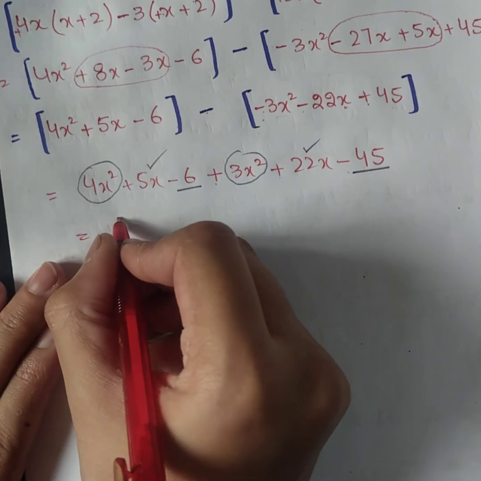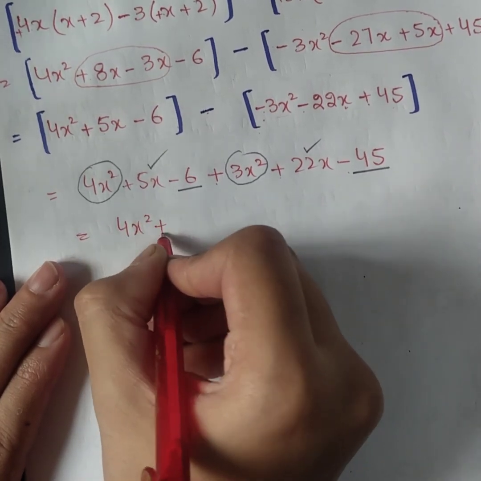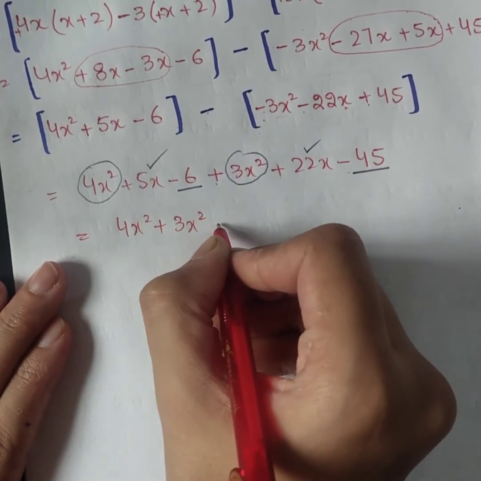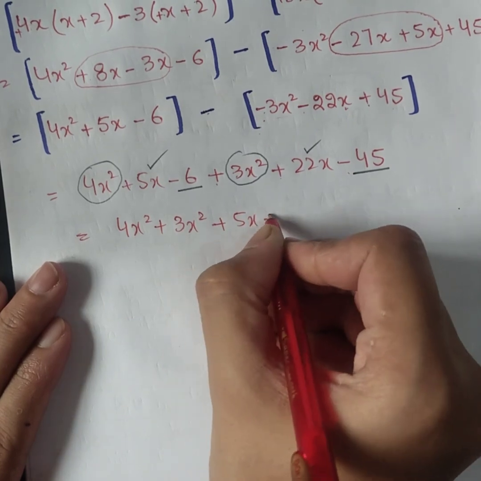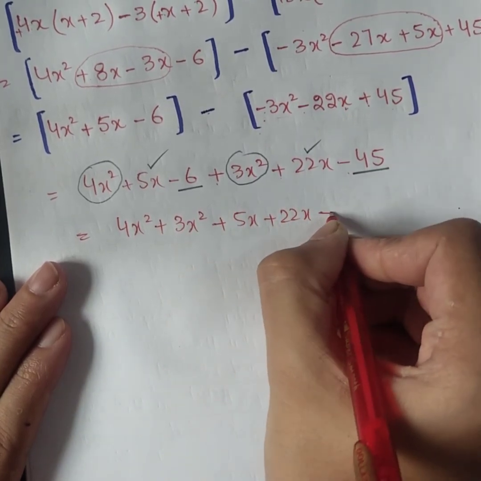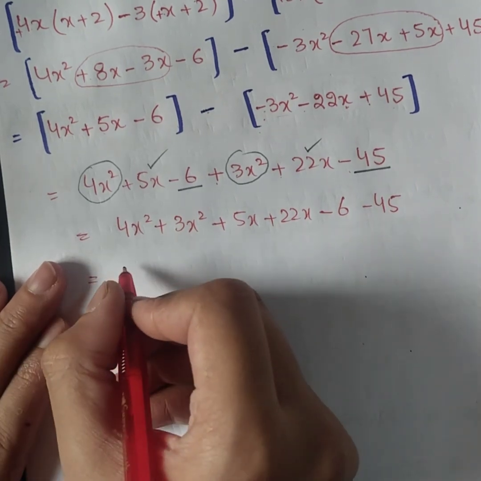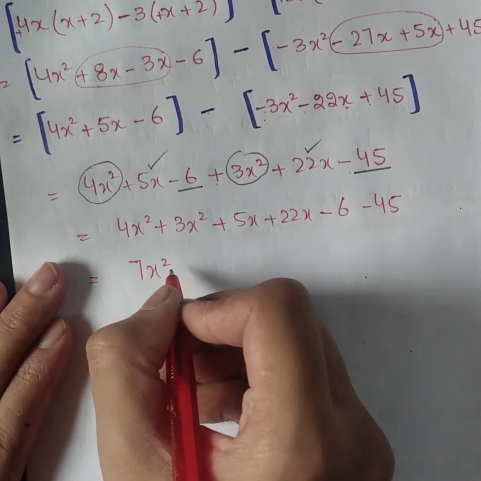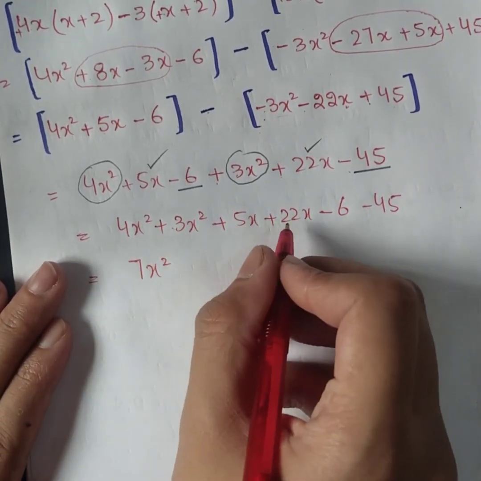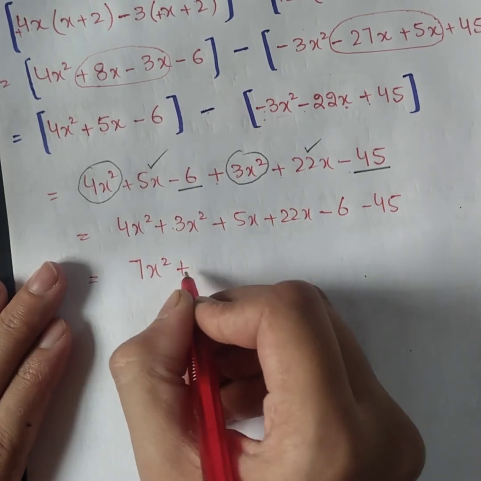It is equal to 4x square plus 3x square plus 5x plus 22x minus 6 and minus 45, which is equal to 4 plus 3, 7x square. You have to add them. Plus and plus plus, you have to add them again.